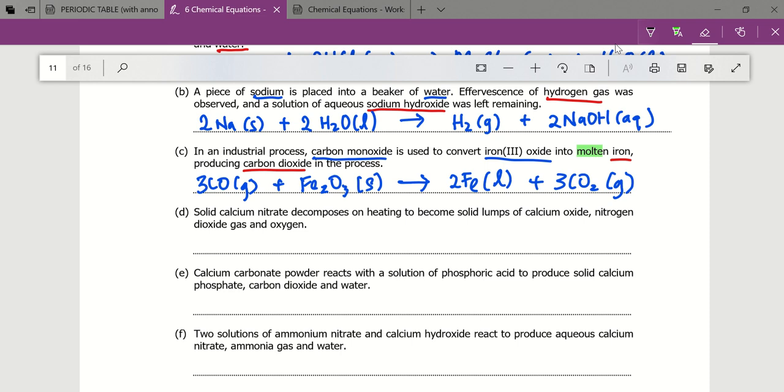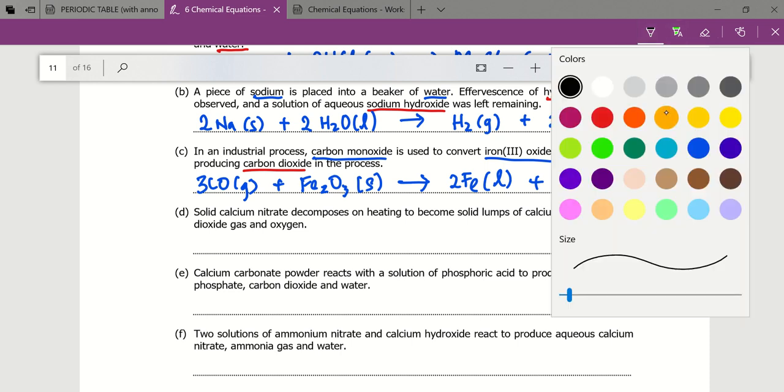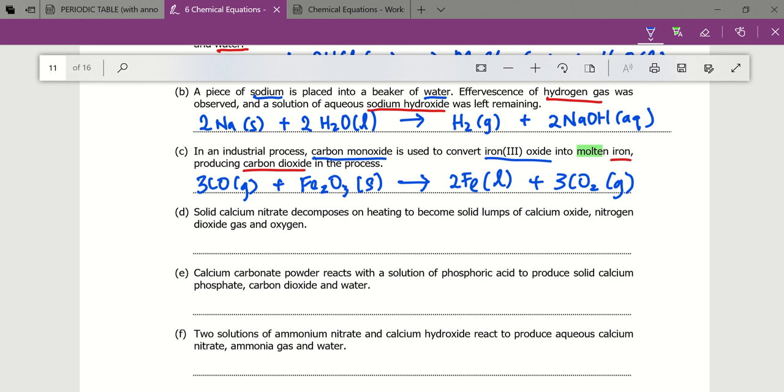Question D. Okay, so let us run through. I have solid calcium nitrate. So this is Ca2+ and nitrate ion, which gives me Ca(NO3)2, solid, so (s).